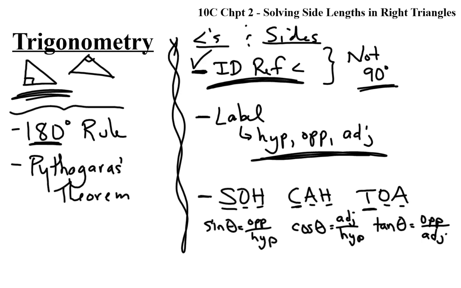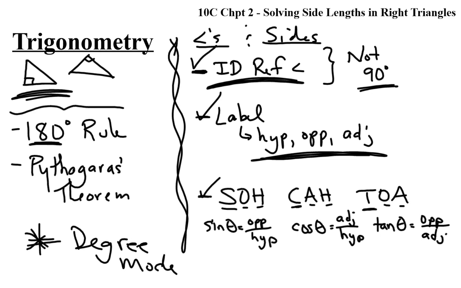So choosing an angle to work with, labeling the sides appropriately so you can choose the correct trig ratio is essential. And the last little bit here, you have to make sure your calculator is always in degree mode. That means a couple of different things.